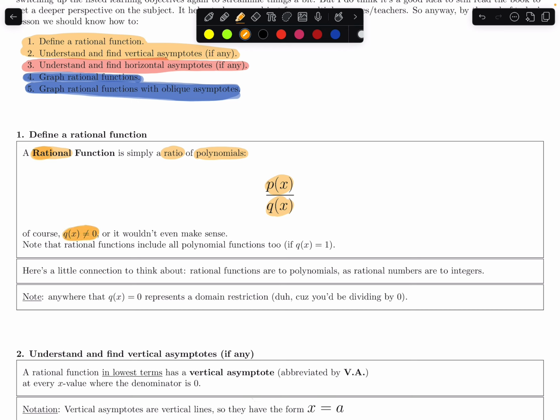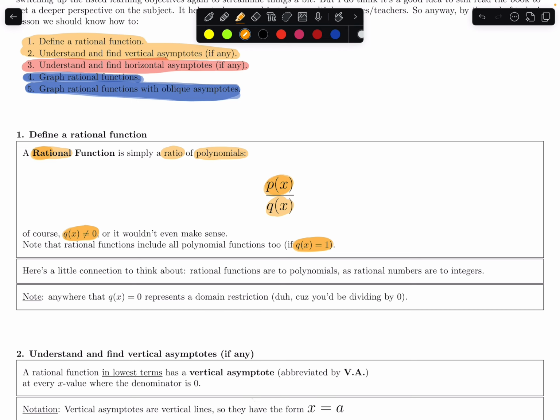It wouldn't make sense, right? And note also that the rational functions include all the polynomial functions, because q of x, the bottom polynomial, could just be 1. One is a very simple type of polynomial function, actually, right? It's kind of like a trivial polynomial, but still a polynomial. And so you could consider all the polynomials as a sort of rational function.